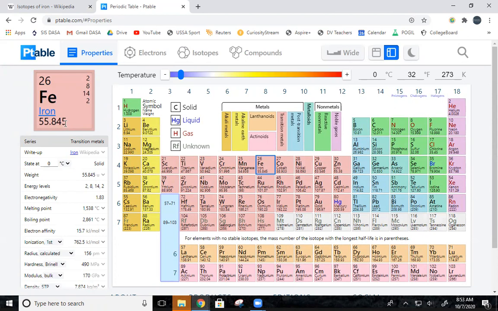And you add those together, and you can never have partial protons or partial neutrons. Therefore, the mass will always be a whole number in atomic mass units, okay? But this is not a whole number. That is because it is an average, okay?